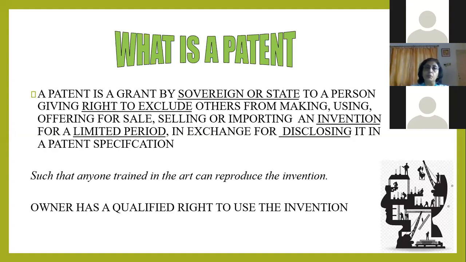You are supposed to disclose the invention so that the general public can use it after the monopoly is over, and within the monopoly time period they can also use it, but with your permission. Without the permission nobody can use it. So it is a negative right, while the owner has the qualified right to use the invention.